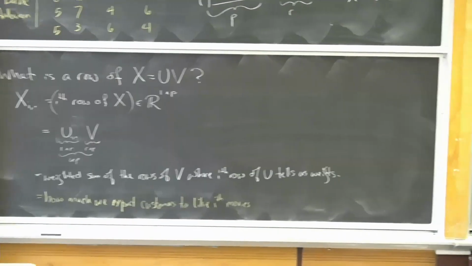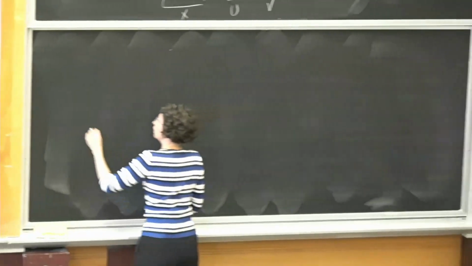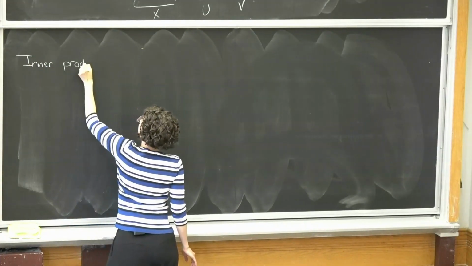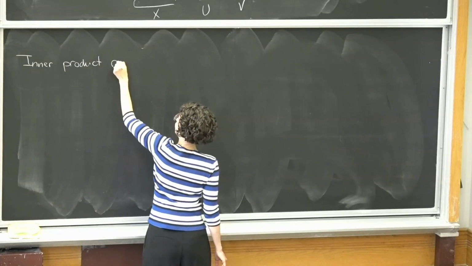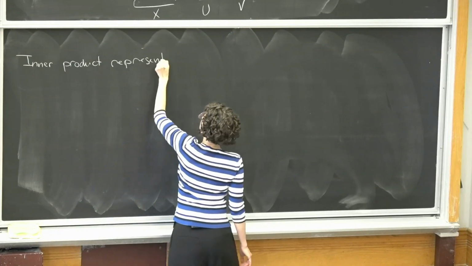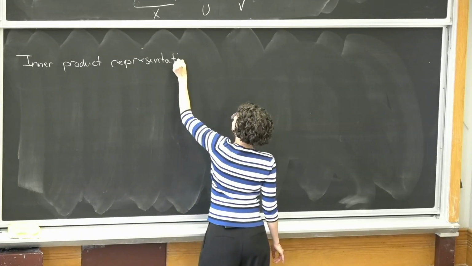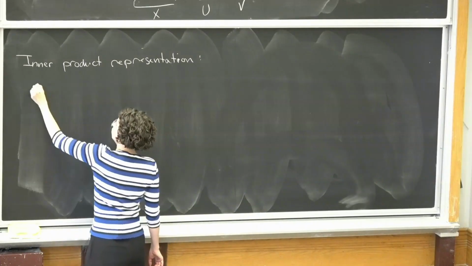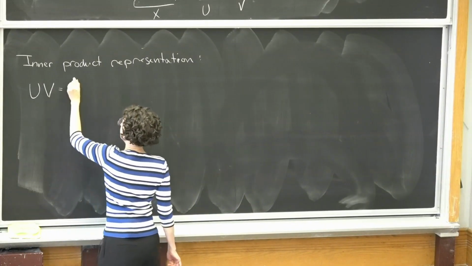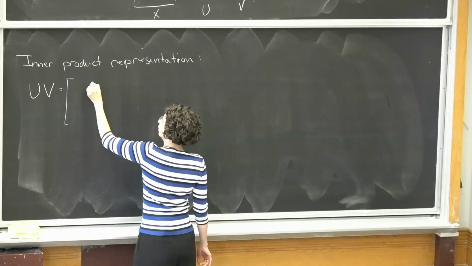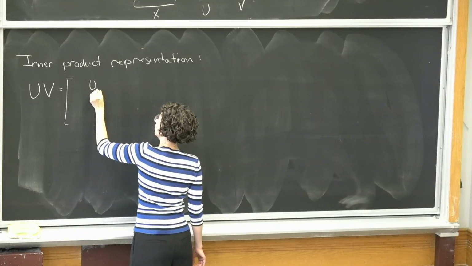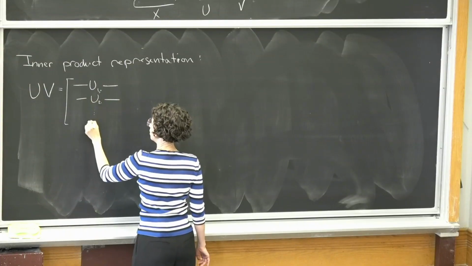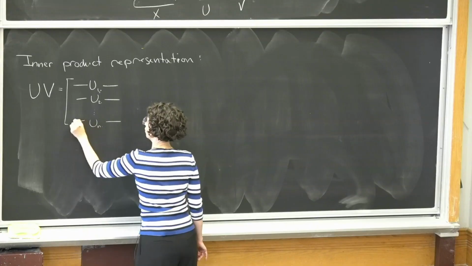Okay. So when we talk about matrix-matrix multiplication, there's a couple of ways we could do it. One is the inner product representation. And this is closest to what we've been doing so far, where we write the product U times V by writing U as U1 dot, and this is a row, U2 dot, this is a row, all the way down to Un dot, and this is a row.